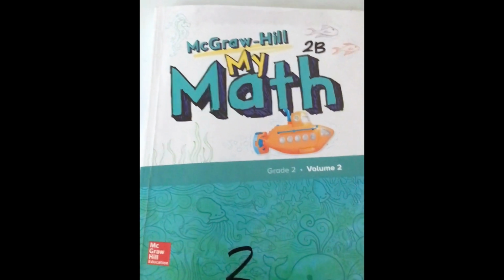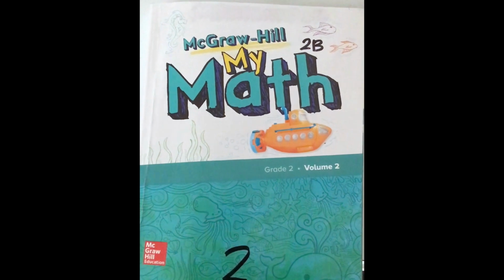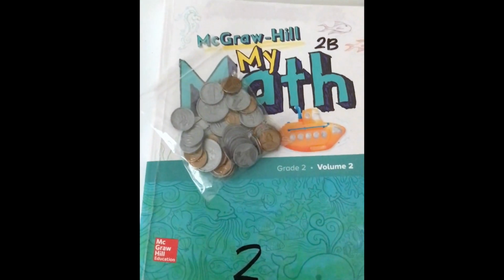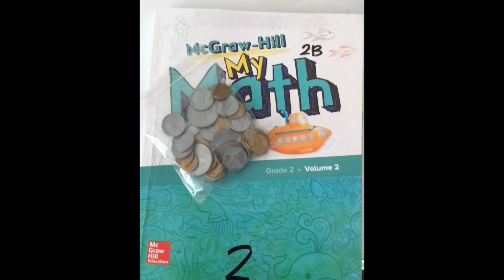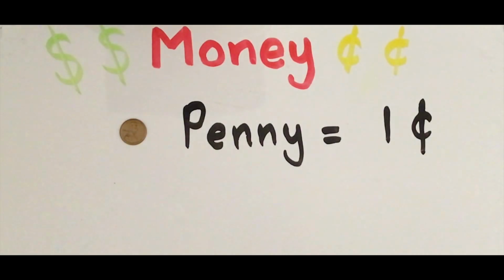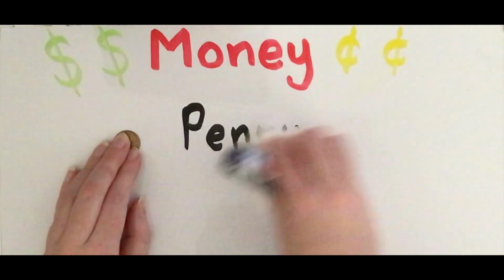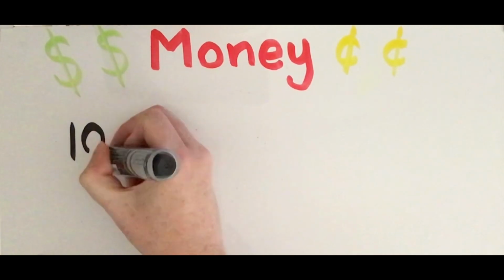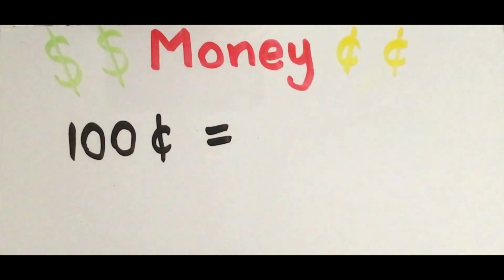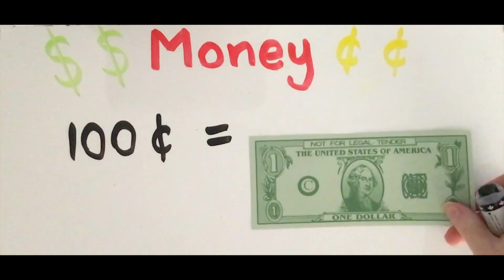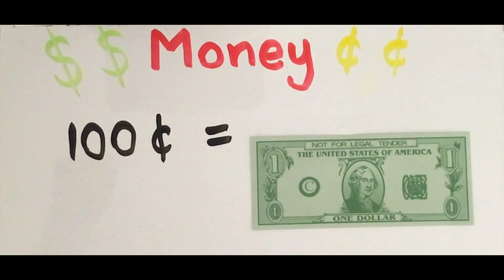For this lesson, you will need your My Math book volume 2 and your bag of American coins from your math pack. 1 penny equals 1 cent. 100 cents equals $1.